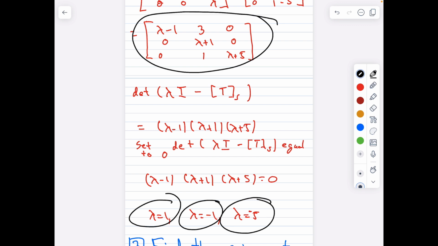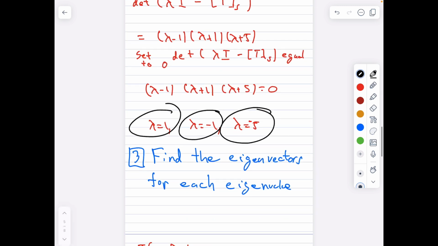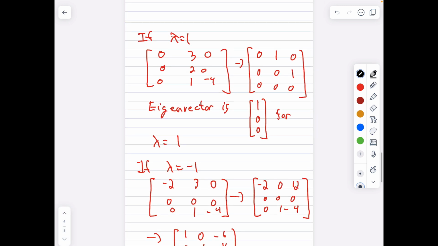And you're going to just replace lambda with 1, negative 1, and minus 5, one at a time. If you replace lambda with 1, this is what you start off with. And you row reduce, and this is your eigenvector.